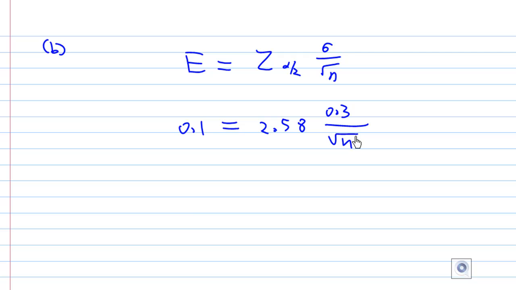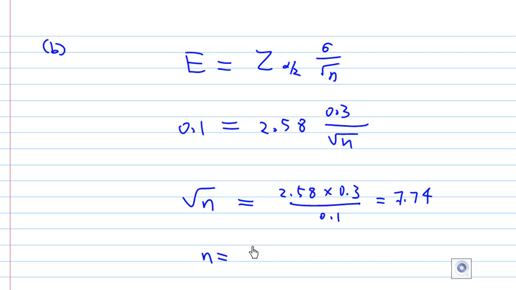You find that square root n is equal to 2.58 times 0.3 over 0.1, and you get 7.74. So n is 59.9. So you take n equal to 60.